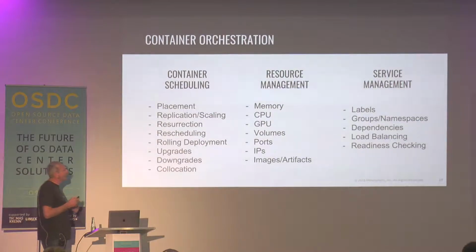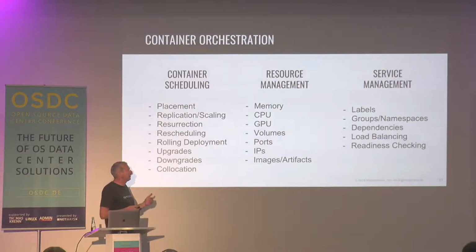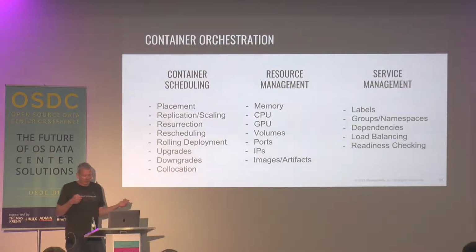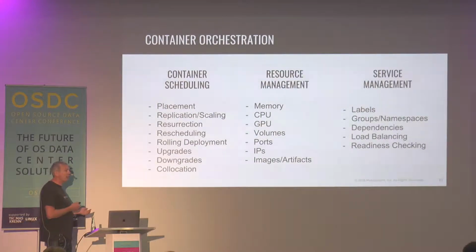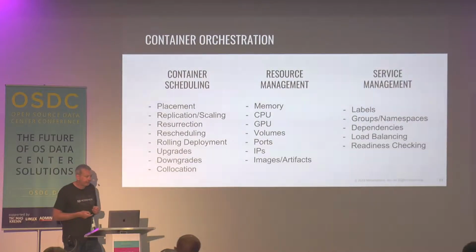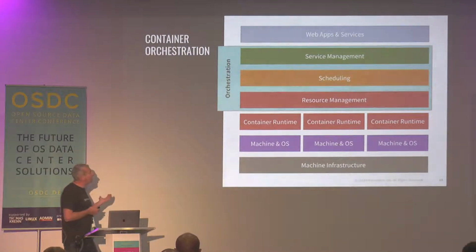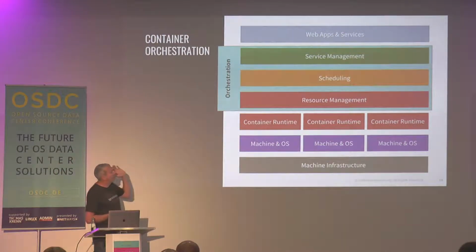And then on the service management side, this is about connections between things. So which things need to run before other things? How do we tell whether a service is ready or not for things to connect to it? And how do we group things together? And so once we add that container orchestrator layer, it really abstracts away all of the stuff at the bottom.